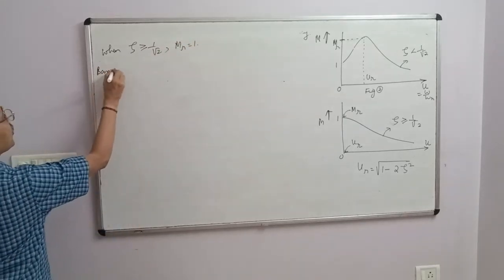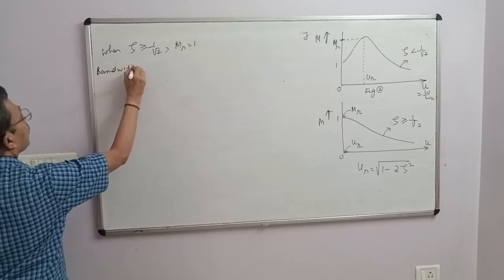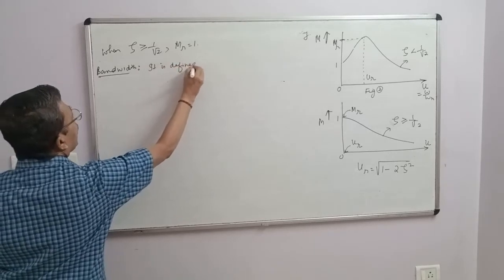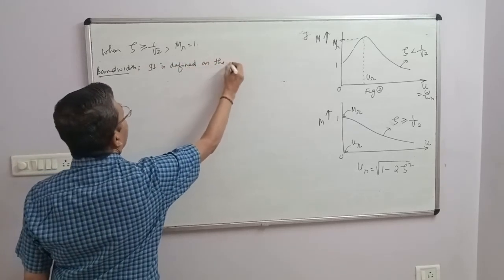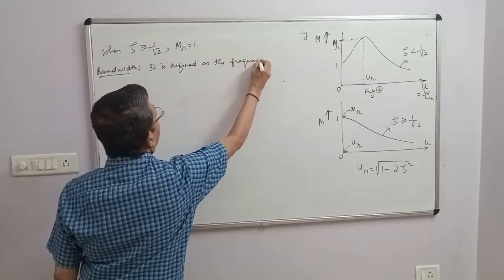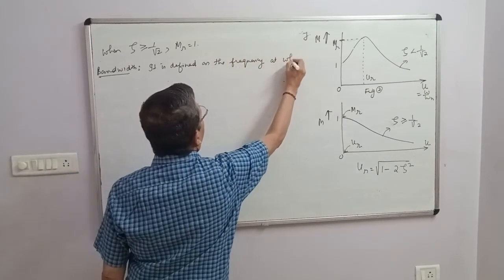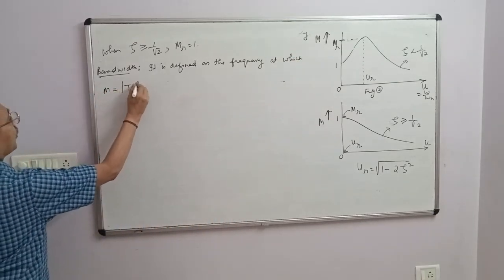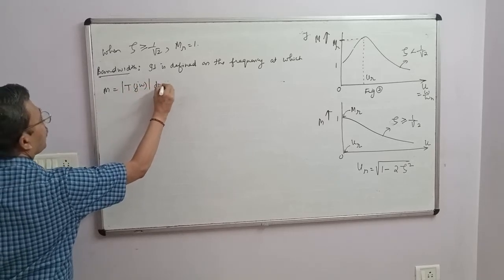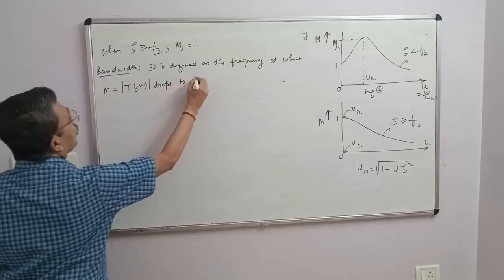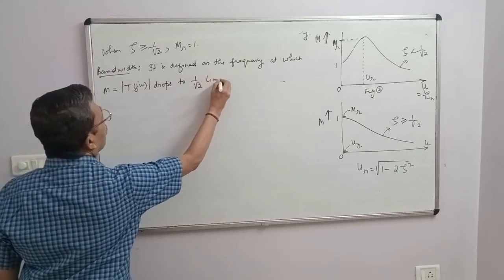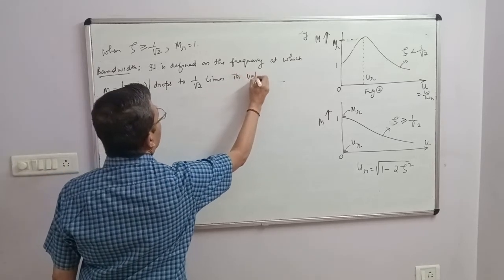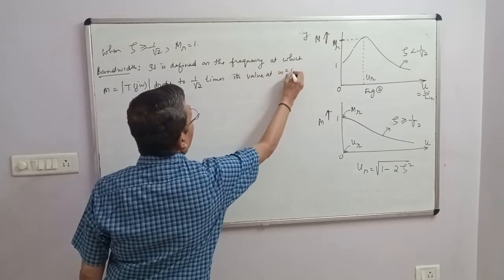Next is bandwidth. It is defined as the frequency at which the magnitude of T of j omega drops to 1 by root 2 times its value at omega equal to 0.